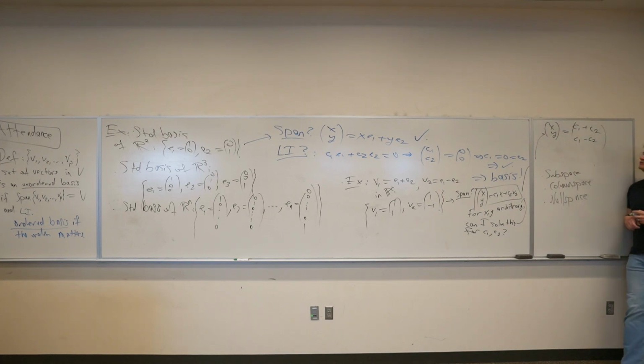Okay? But then if I want, I can think of this like this: 1, 1, 1, minus 1 applied to C1, C2. Matrix multiplication. Okay? So call this A, for instance. You can solve this too if you want the linear system notation, but let's practice our matrix algebra.